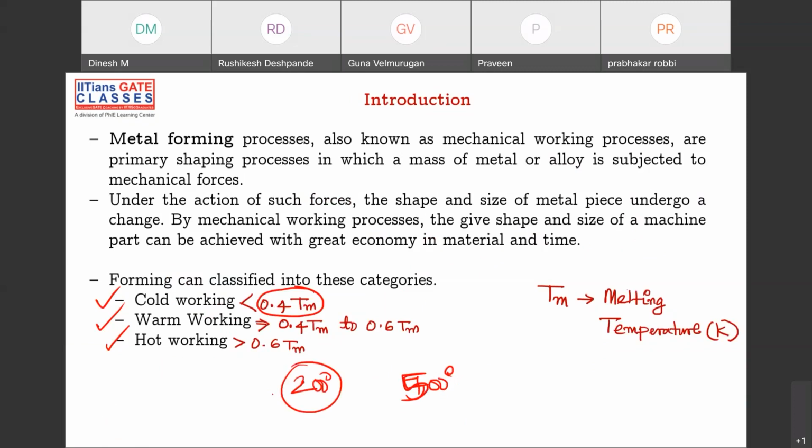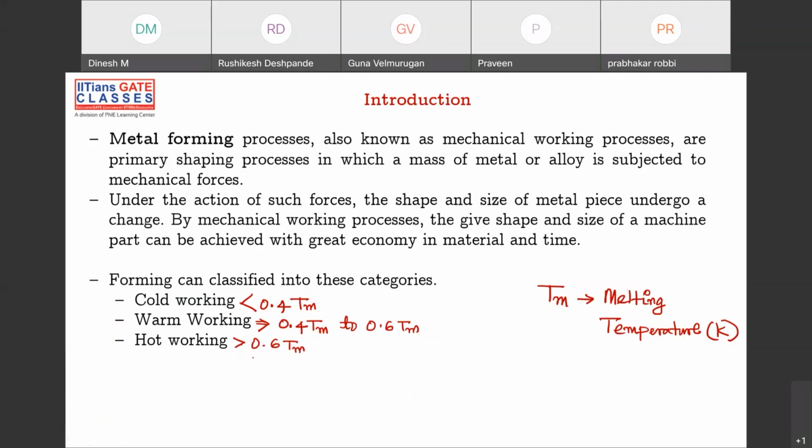If you are doing your metal forming at less than 200, let's say 100 degrees centigrade or 30 degrees centigrade, what is it? If you are doing your metal forming at less than 40% of your melting point, then it is called cold working. Between 40% and 60% of the melting point, it is warm working.